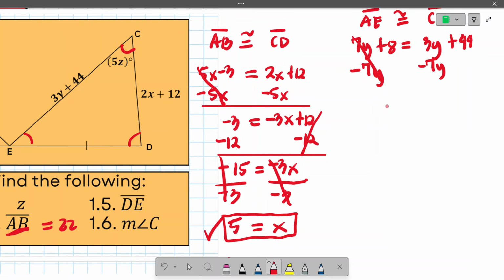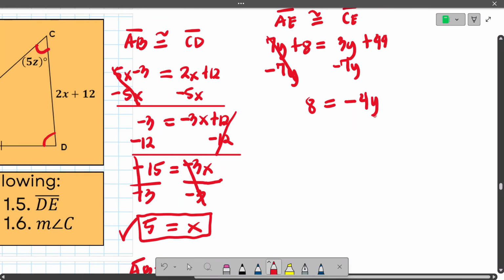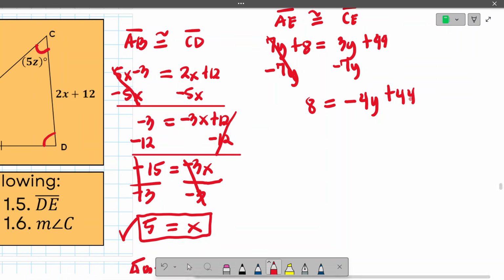So dito mag-cancel ito, that will leave you 8. And then dito naman 3y minus 7y, that will leave you -4y, right? And then bring down +44. Now, we need y.